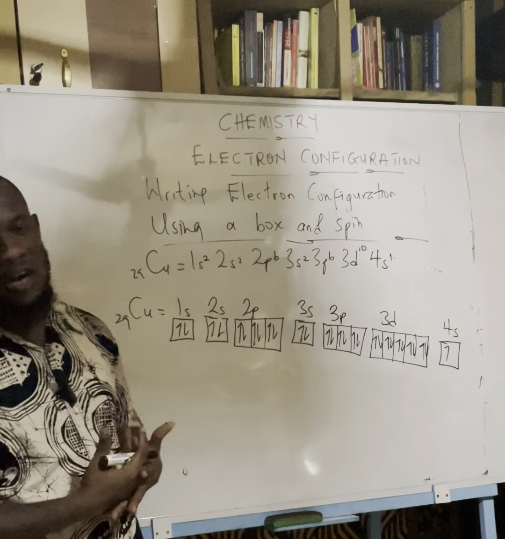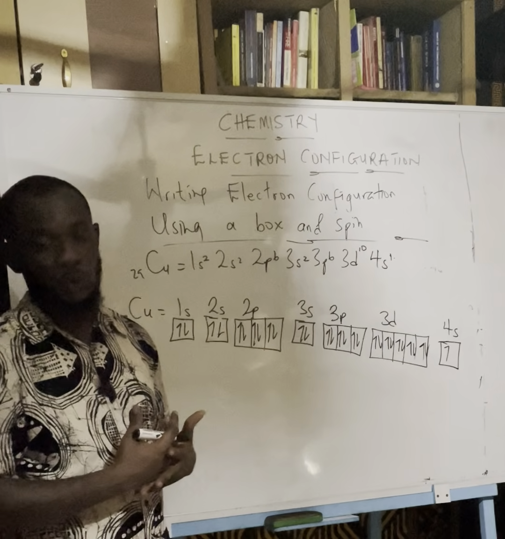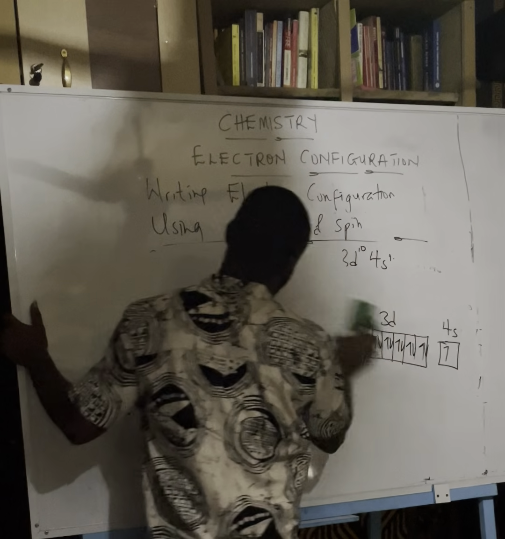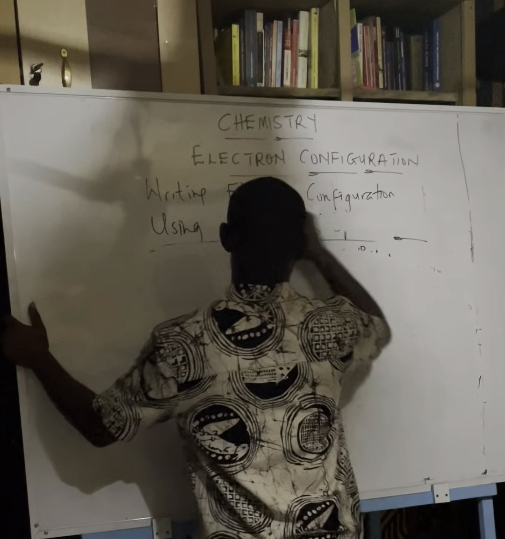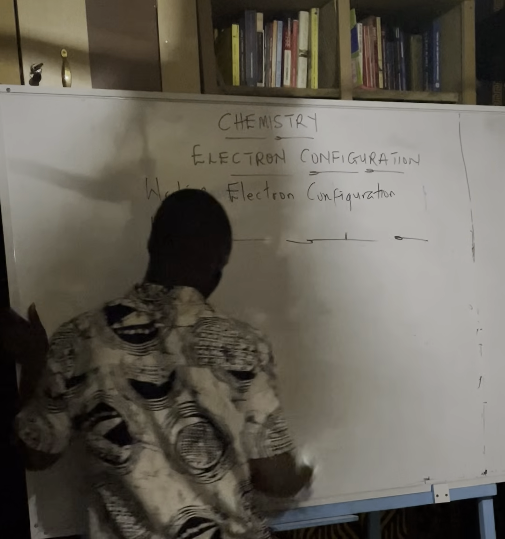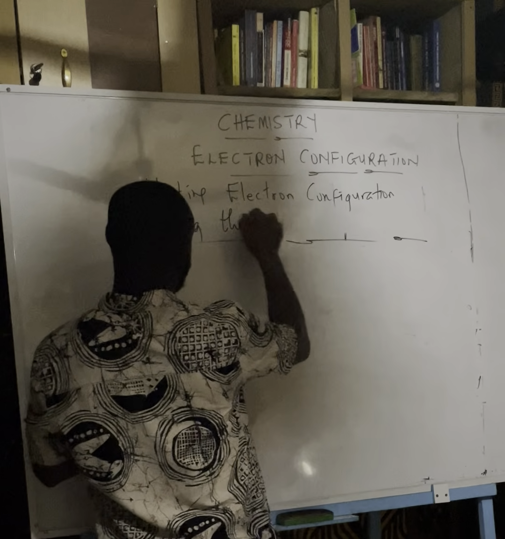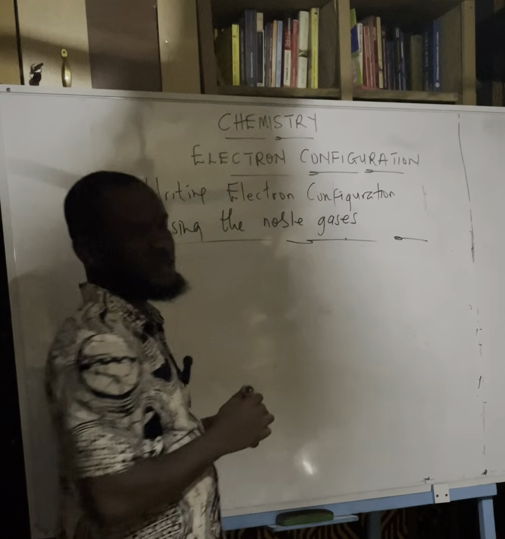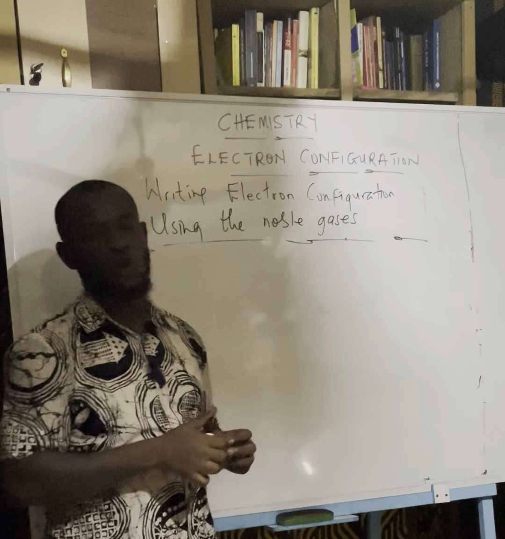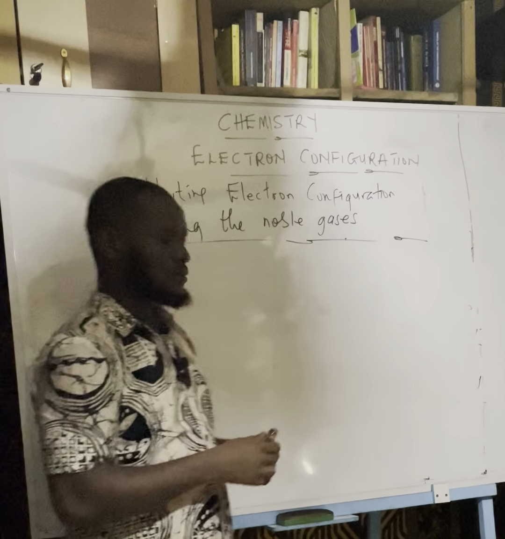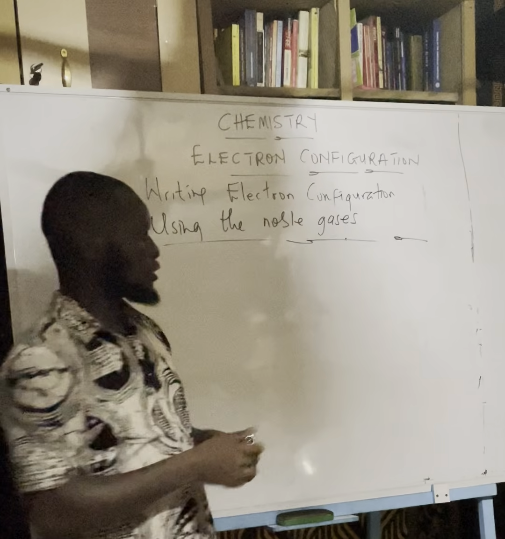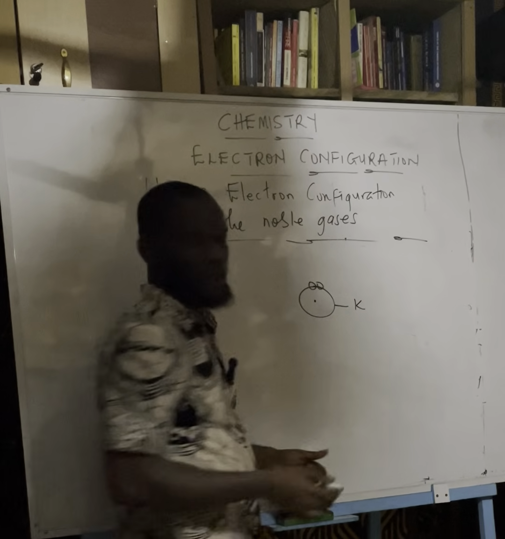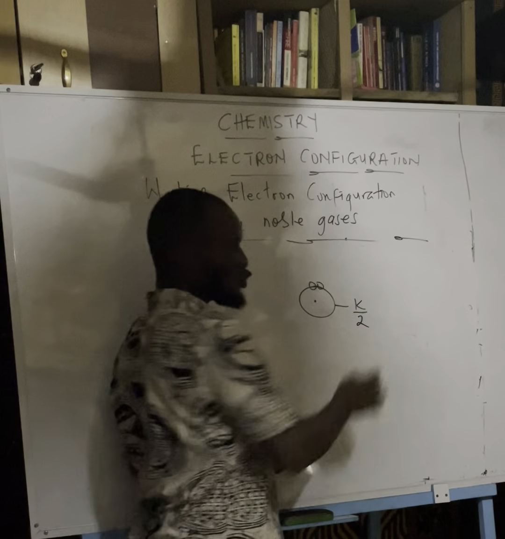Now, we also have a new electron configuration where we use the noble gases. There is a certain group of elements which we call noble gases. Now, let me take you back to JHS. When you take for example the K shell, we said that the K shell can only accommodate what? 2 electrons.